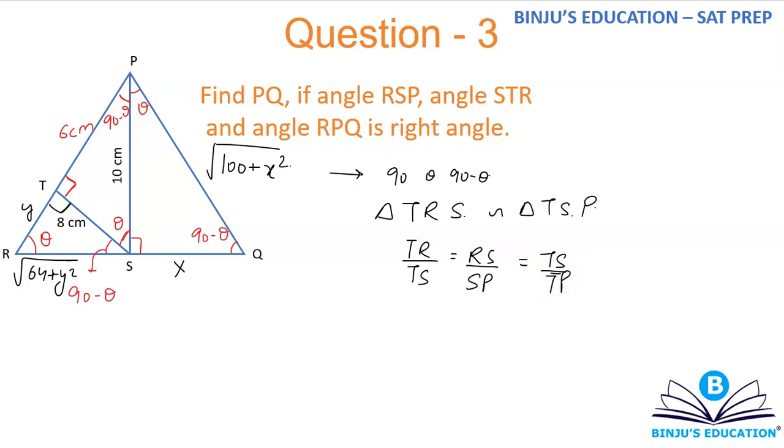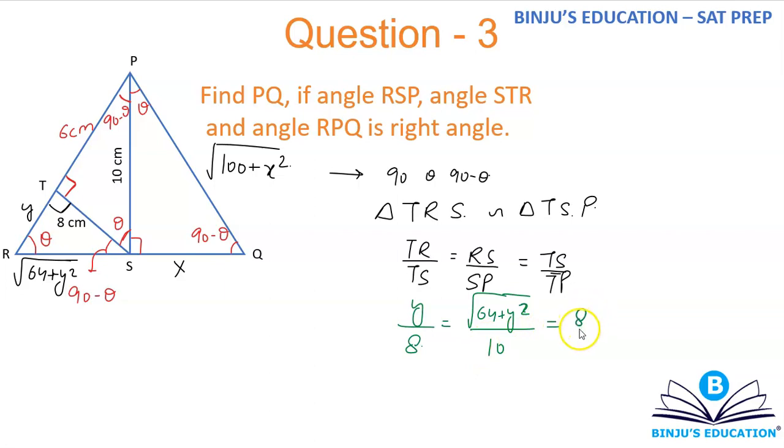Now plug in the values. What is TR? TR is equal to Y. What is TS? TS is 8. What is RS? Root of 64 plus Y square. What is SP? That is 10. What is equal to TS?